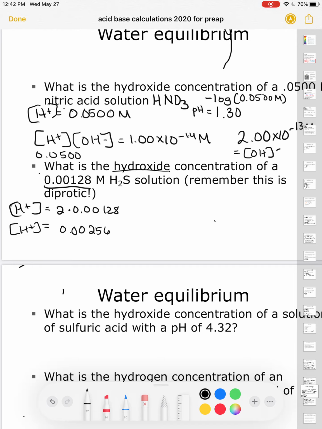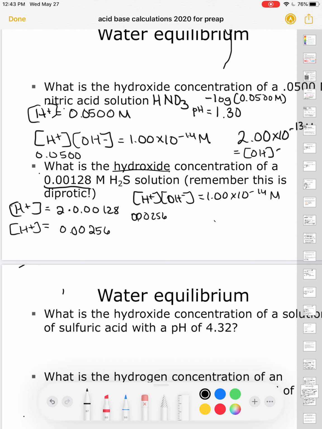So to solve for my hydroxide concentration, I know that hydrogen times hydroxide, OH minus, is equal to 1.00 times 10 to the negative 14 molar. I'm going to plug in this number, 0.00256.